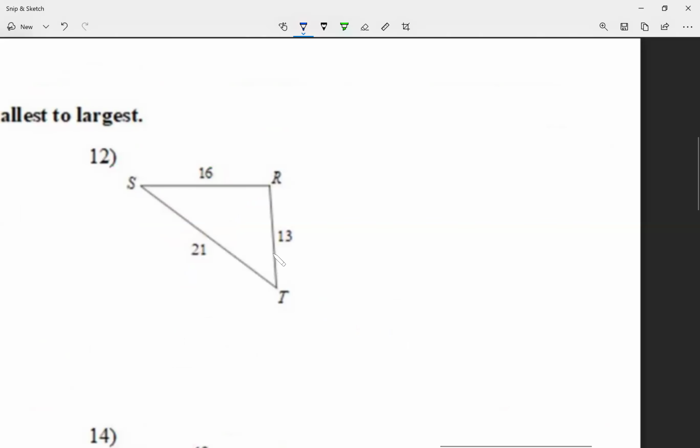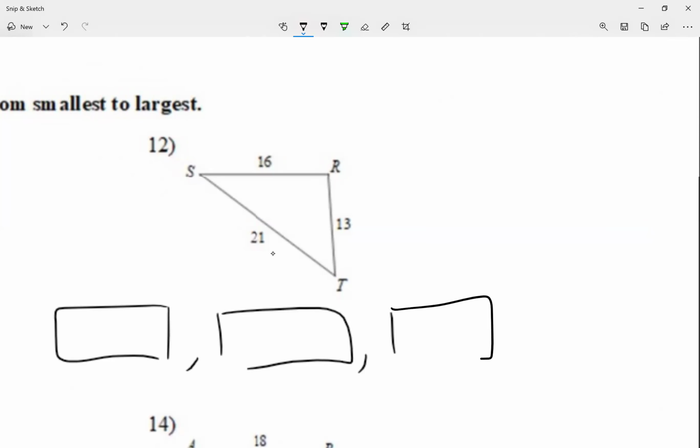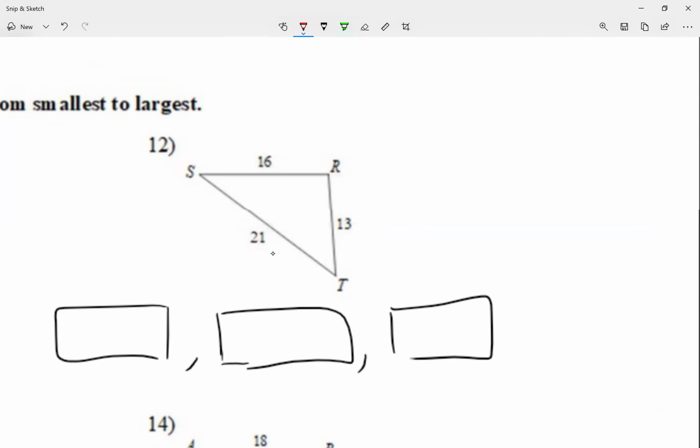Let's take a look at question number 12. I see that I have two commas and I had to fill in three spaces. Okay, and I'm going with the angles from smallest to largest. So looking at my sides, which side is the smallest? 13. This side is opposite from corner S. So for that angle, I'm going to use all three letters and I'm going to leave S in the middle because S is the vertex.